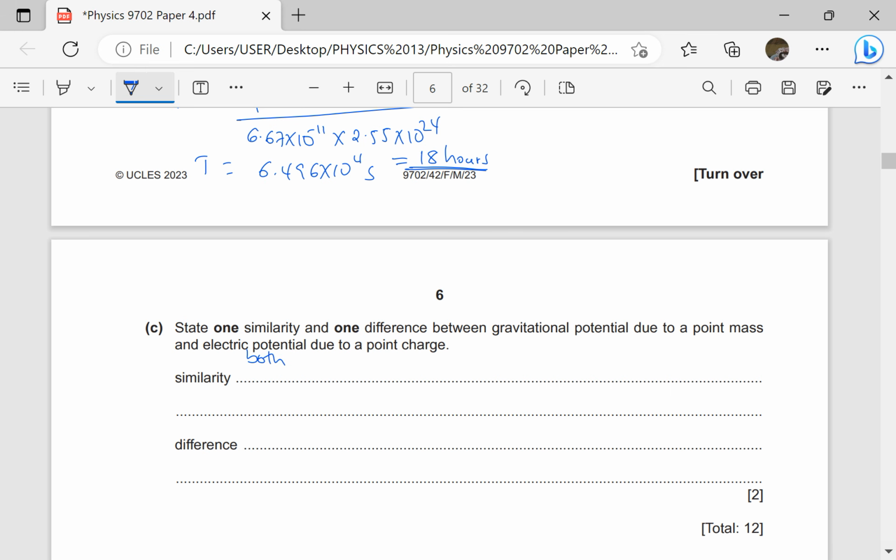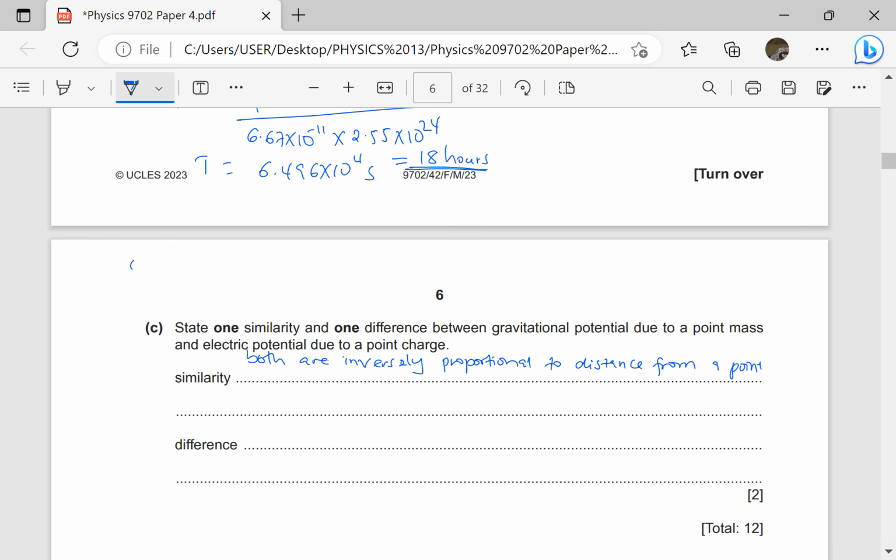I'll begin by saying both are inversely proportional to distance from a point.